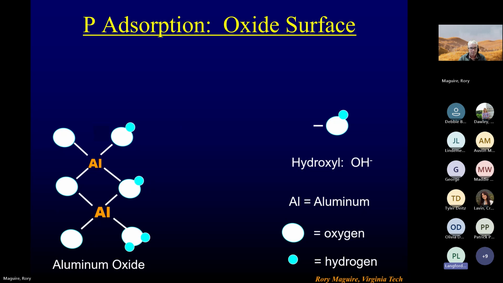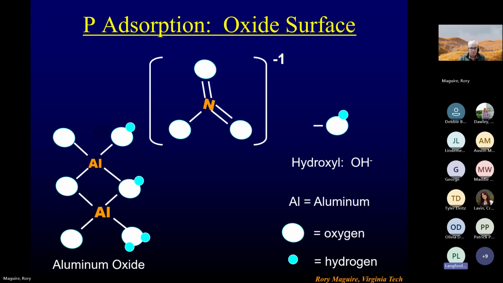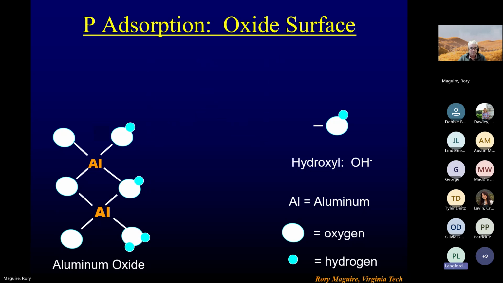So for phosphorus adsorption, if you're thinking about nitrate, because it's so highly mobile, it doesn't readily adsorb onto this aluminum oxide surface. It also doesn't have any hydroxyls to exchange.